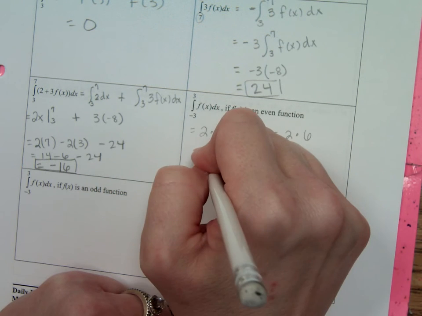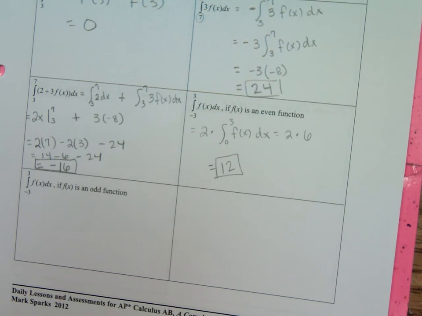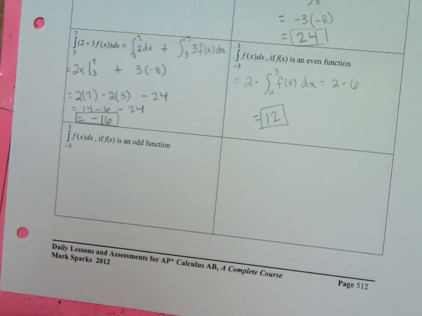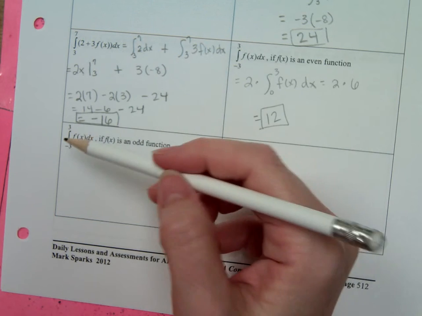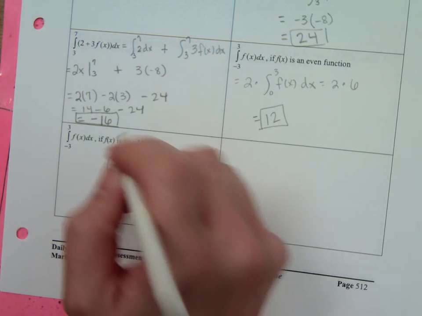So it's 12. And here, negative 3 to 3, if it's an odd function, what does it equal? 0. It equals 0, right.